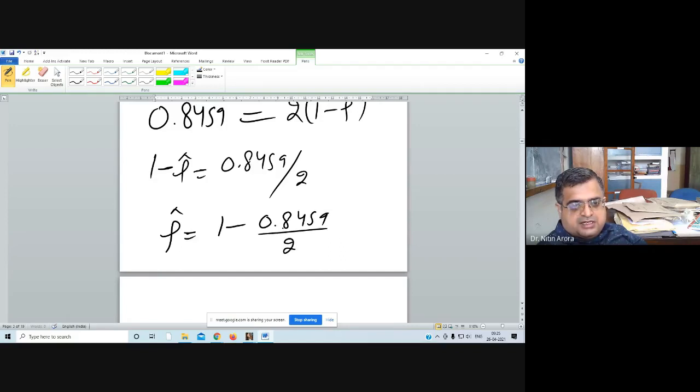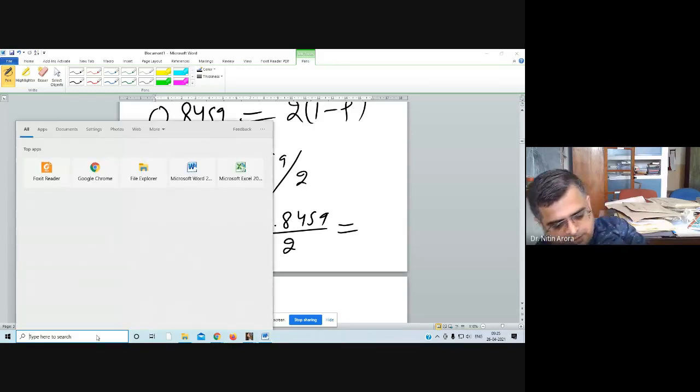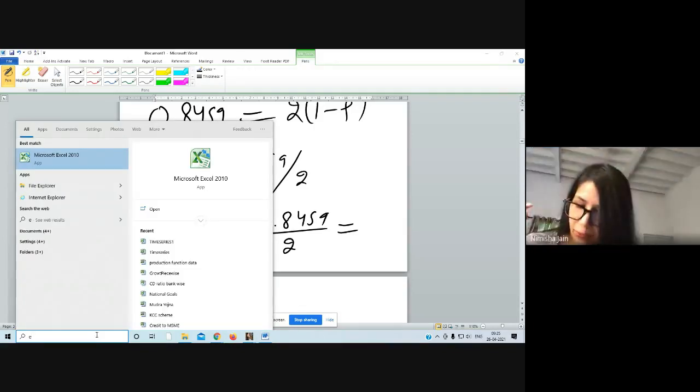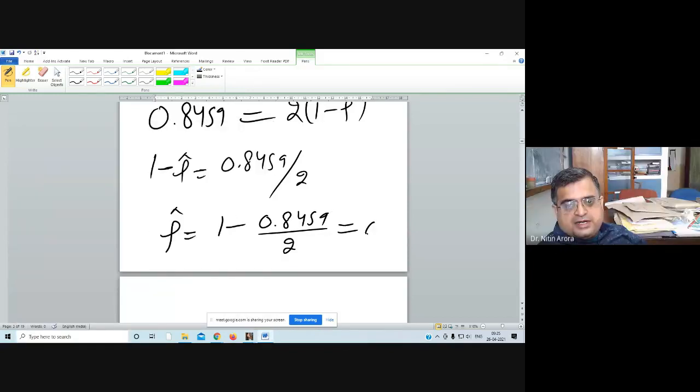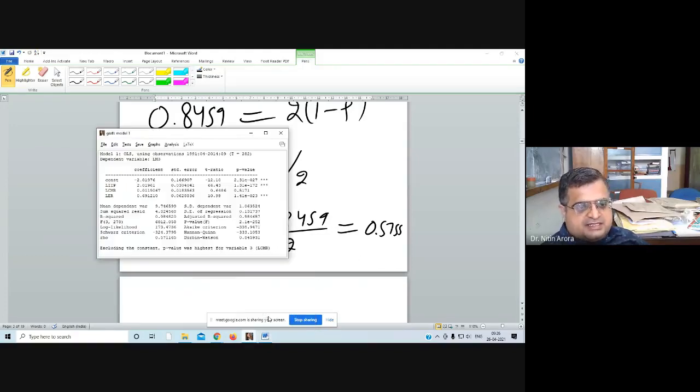See how much it comes, children. What would be the autocorrelation coefficient? Calculate it. Sir, it will be 0.5755. So high autocorrelation is there, isn't it? 0.57, positive high autocorrelation exists.